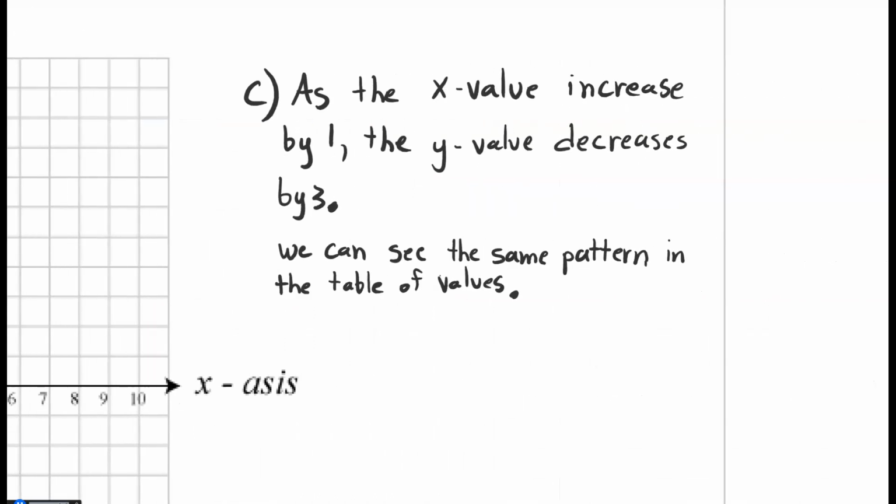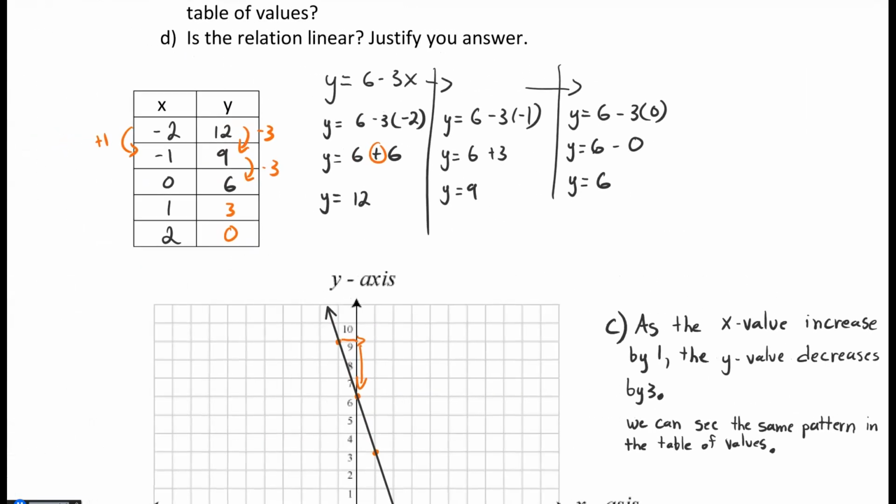So, as the x value increases by 1, the y value decreases by 3. Now we can also see this pattern in the table of values that we looked at earlier. So when we increased our value of x by 1, we decreased our value of y by 3.